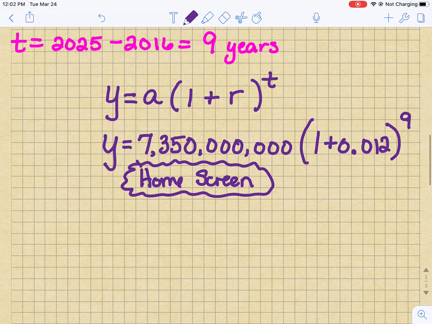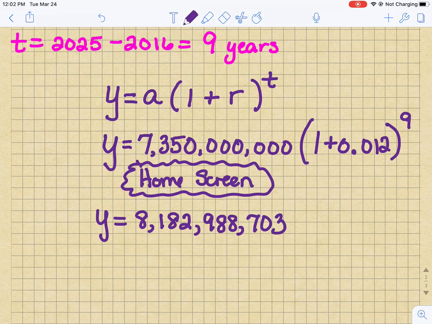So once you put that in, you will get 8,182,988,703. That's going to be the estimated population if the growth rate continues, if nothing interrupts it and it continues, it'll in 2025, according to this information, that's what our population would be in the world.